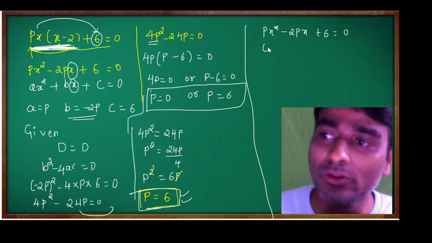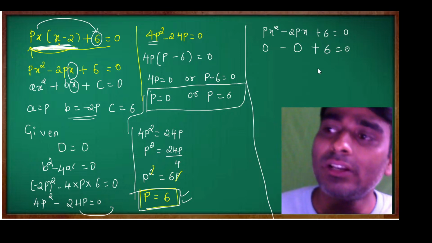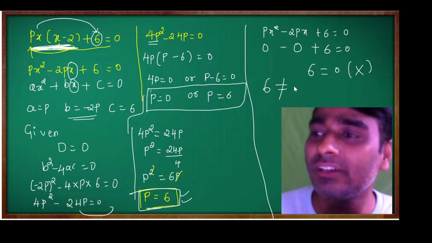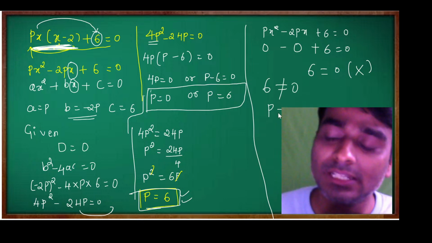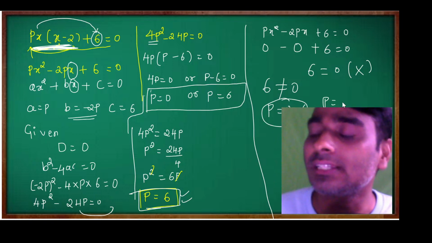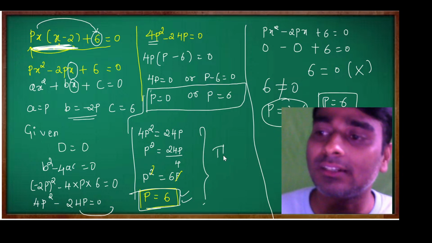If you put 0 here, this will become 0 and this will become 0. Now tell me, can 6 equal to 0 be a right statement? No, it is wrong, because 6 can never be equal to 0. That means p equal to 0 is an invalid answer. I will consider p equal to 6 as the answer, which I had got by this method. This is a different method and this is a different method.